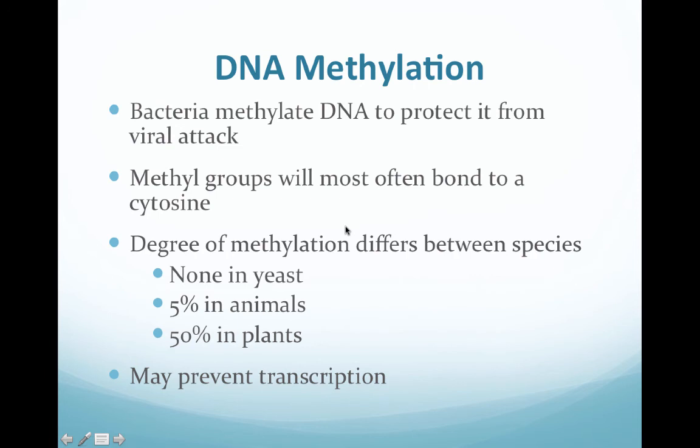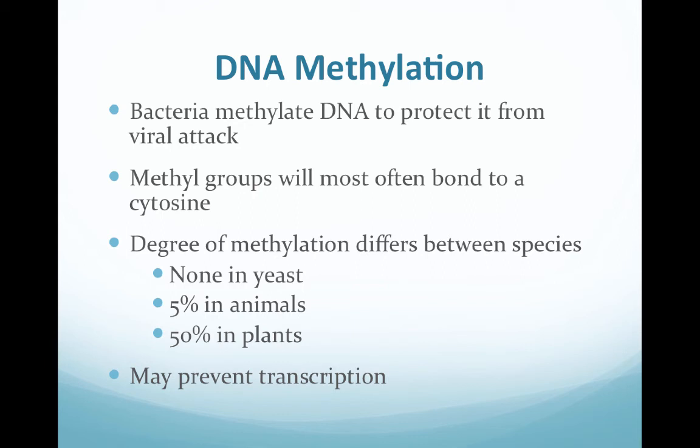And what ends up happening is that this methylation process has evolved over time as a protection mechanism. So in bacteria, their genome actually really likes methylated DNA because it protects it from viral attack. It protects it from viruses sneaking in and taking over.